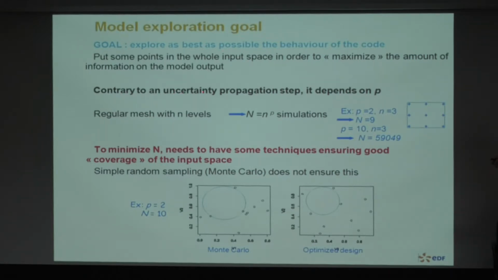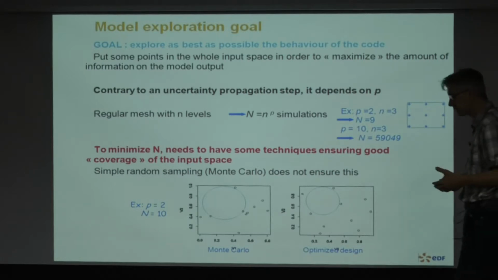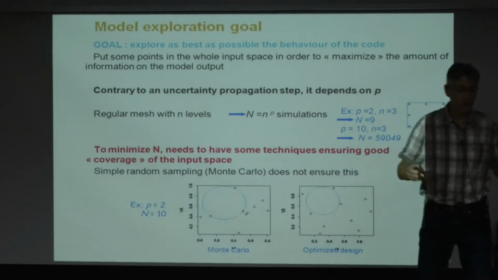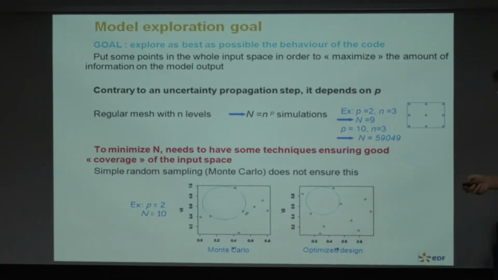Contrary to the uncertainty propagation step, where I explained that when we use Monte Carlo to compute probability of failure, it doesn't depend on p. Here we have the curse of dimensionality. Another simple idea would be to make a regular mesh with n levels.